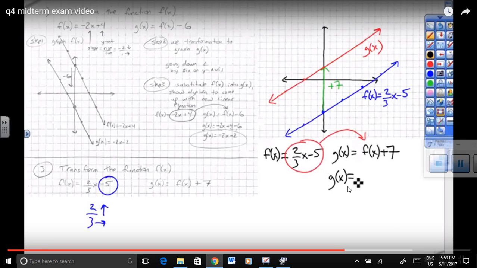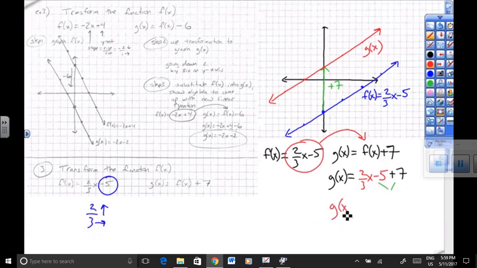So I get g of x equals 2/3 x minus 5, where that f of x used to be. I still have that plus 7. These two terms combine to give me positive 2. So my new line is g of x equals 2/3 x plus 2. And I'm going to label that up there.